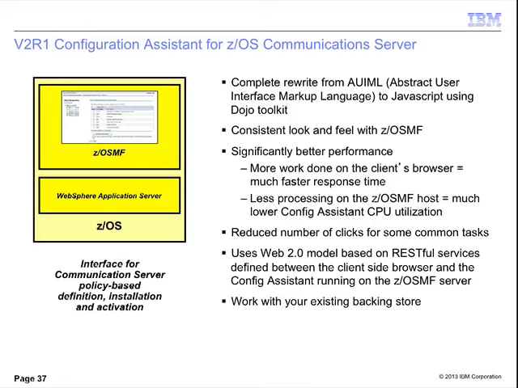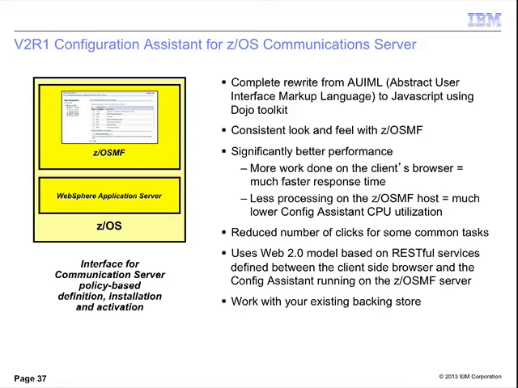The third goal was to improve performance, because as part of the rewrite, not only do we have modern web technologies we're using here, but we restructured the distribution of function between the actual Config Assistant server and what's done in the client itself, the browser. And in doing that, we believed that we would get improved performance. And it turns out we greatly underestimated the performance benefits of this.